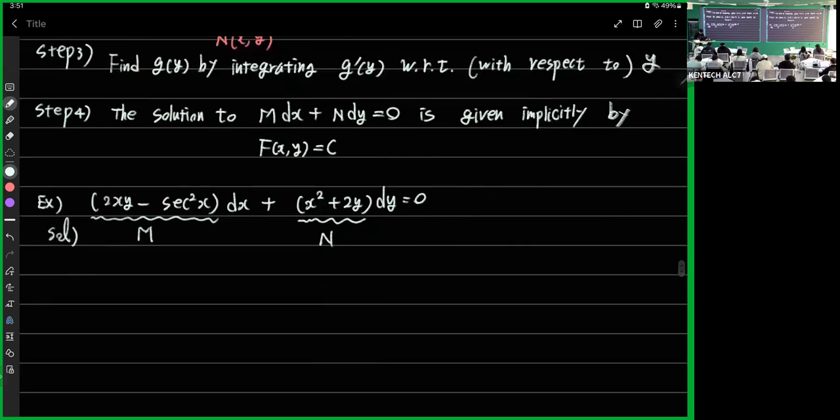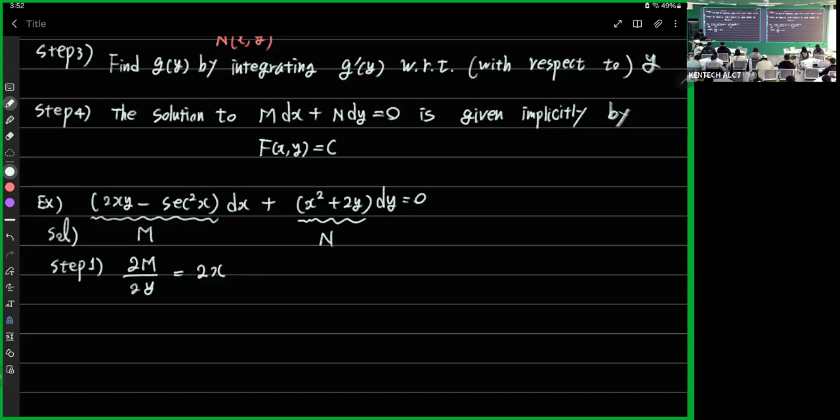What is step one? Step one is to figure out if this is exact. It means that we take the derivative of M with respect to y. We get 2x, right?